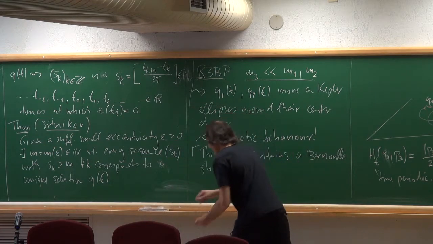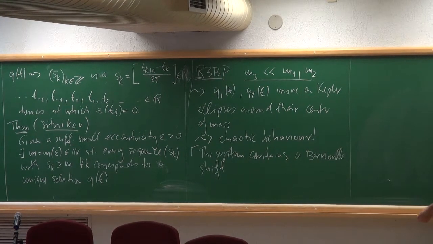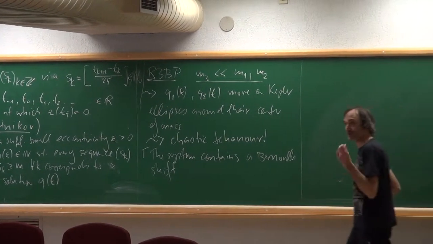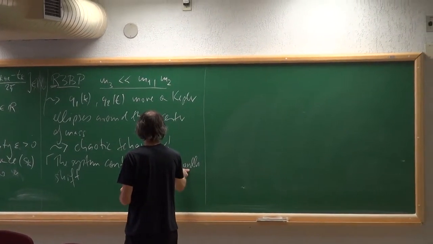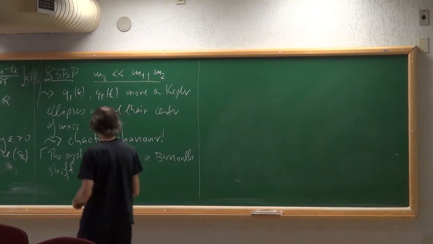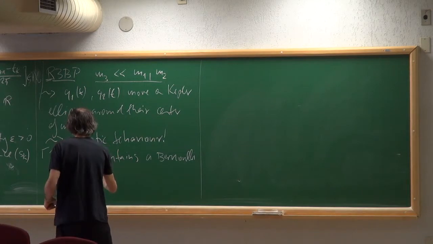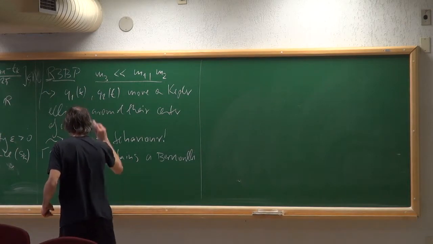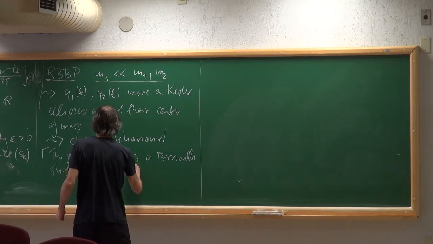A Bernoulli shift is an abstract system which, when you first look at it, doesn't look all that chaotic. Let me say the simplest type of Bernoulli shift, as there are variants of that. It is a map, let me call it sigma, like a shift map on some space, capital sigma.